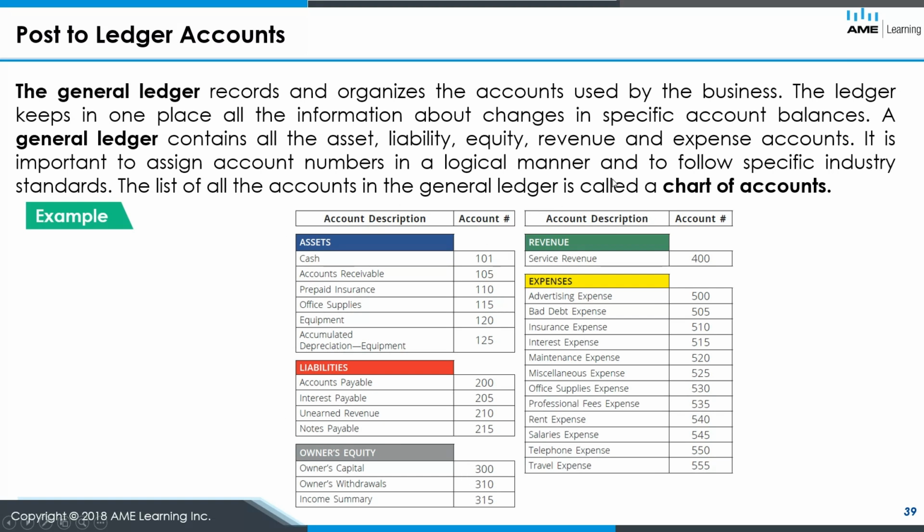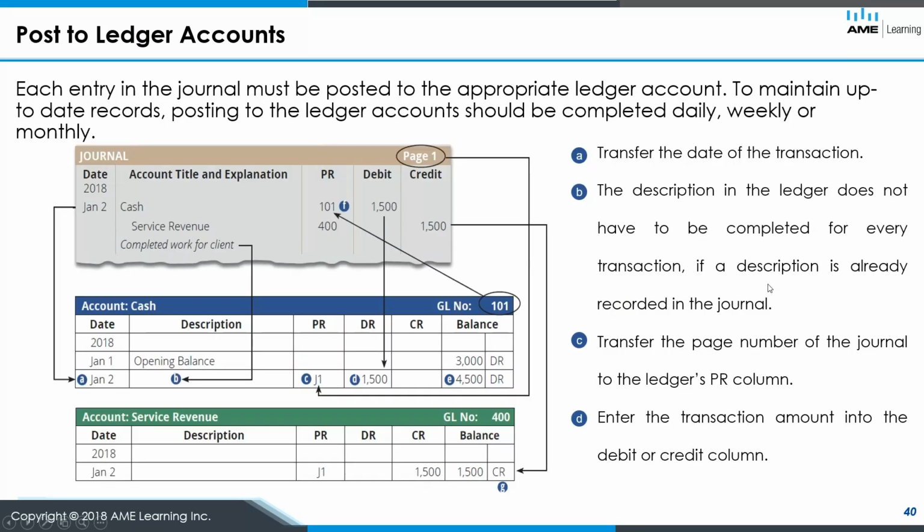The general ledger relates to this because you could drill into cash, and in the ledger it would open up and you would see all of the debits and credits specifically to the cash account. If you closed it back out and looked at service revenue, you would see all the debits and credits specific to revenue.